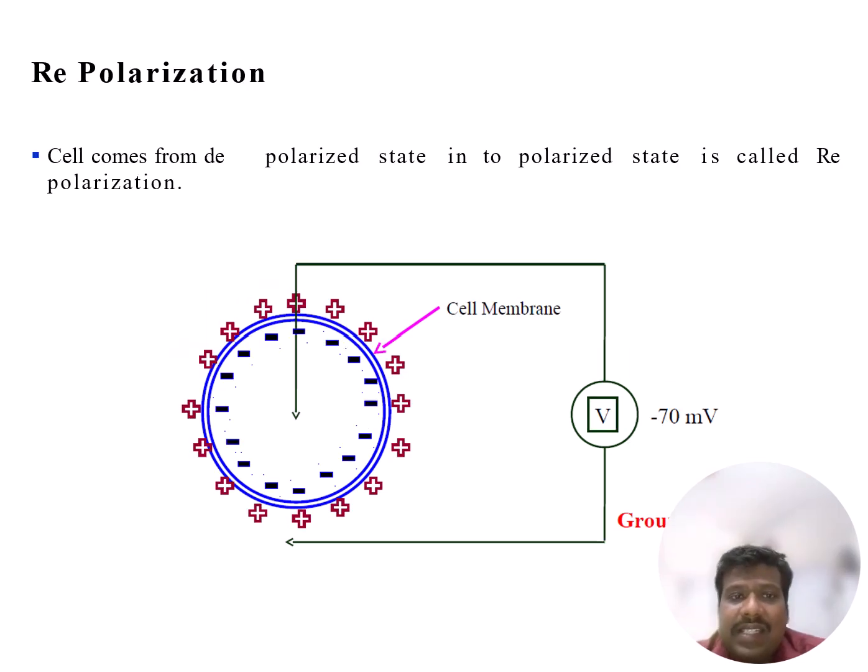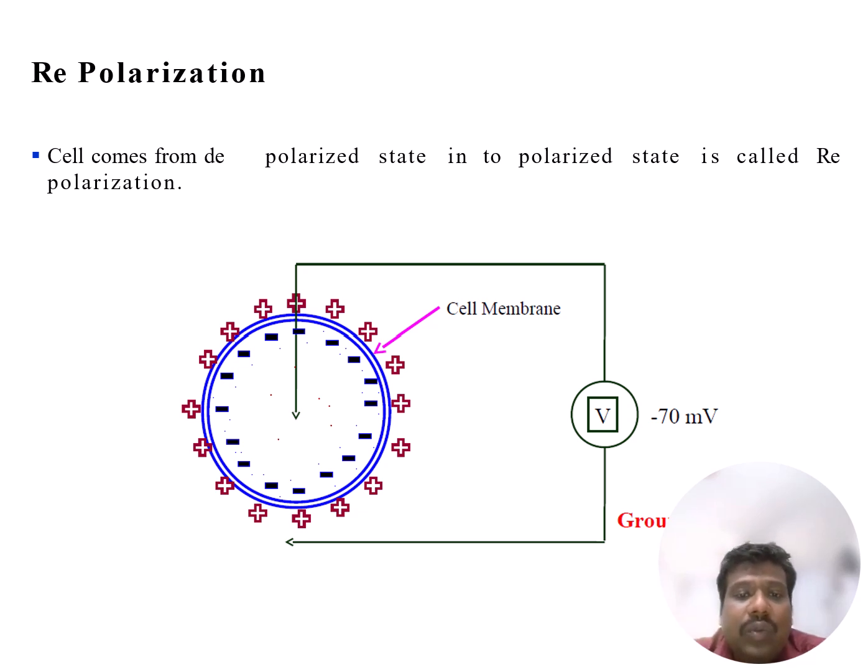Then repolarization. In this action potential, inside, the sodium ions are higher in concentration, but sodium ions do not stay a long time inside the cell membrane. Okay, at this time the sodium potassium pumping will occur.